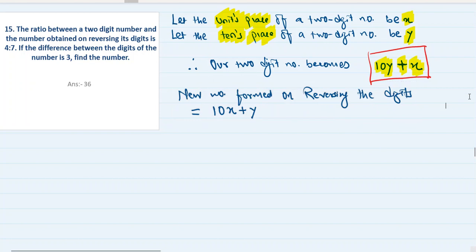Okay, so these are my statements which are required to solve this question. The original two-digit number is 10y plus x. The number formed on reversing the digits is 10x plus y. So the ratio between a two-digit number 10y plus x and the number obtained on reversing its digits, which is 10x plus y, the ratio is 4:7.